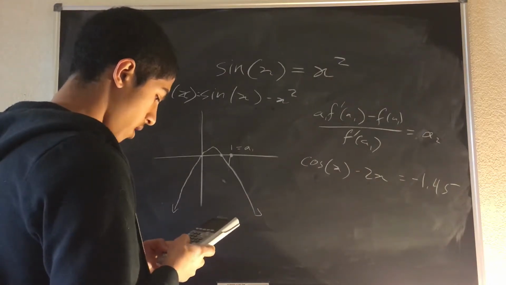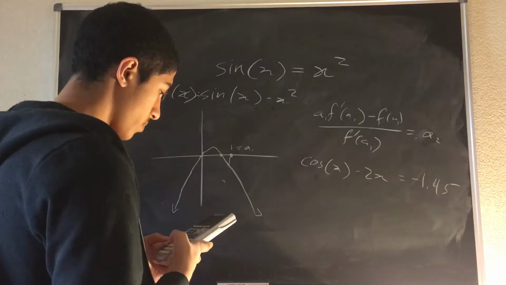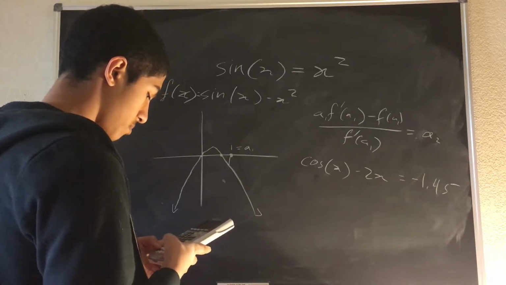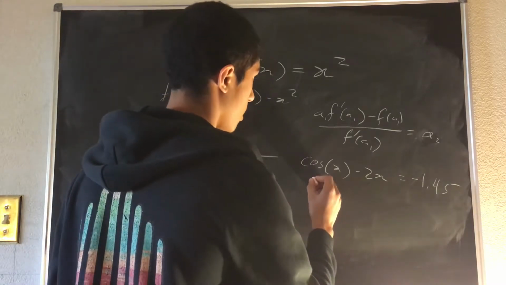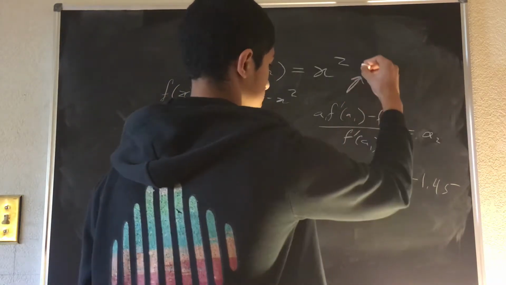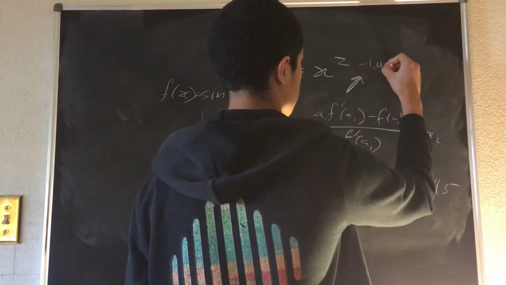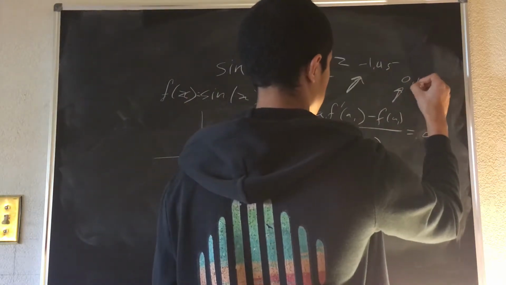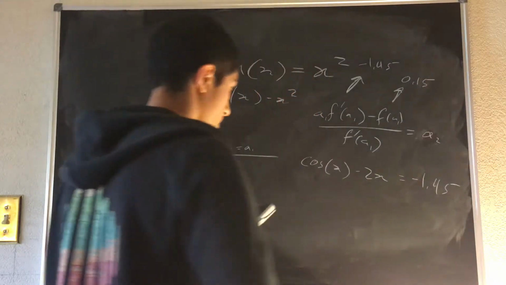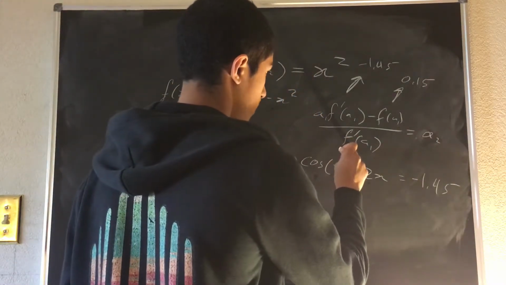So let's calculate sine of 1 minus 1, and that multiplied by negative 1 is equal to 0.15.